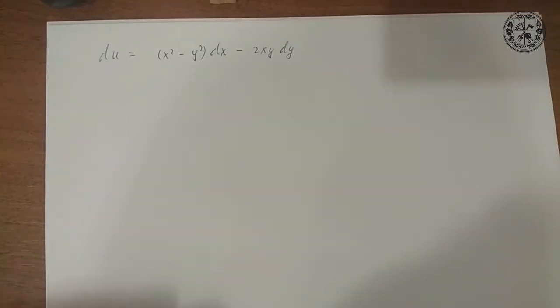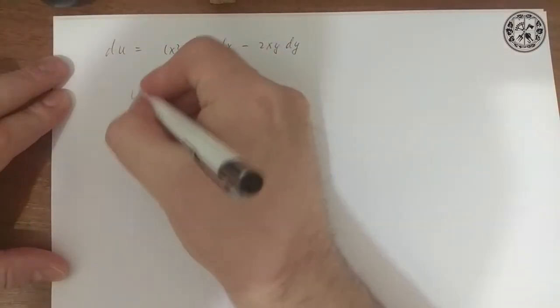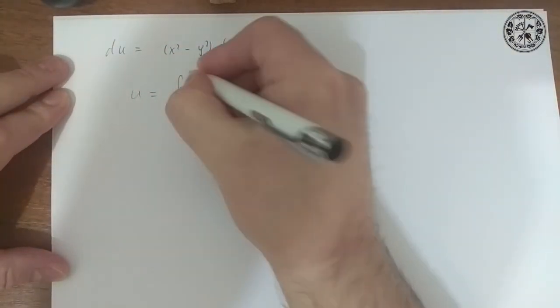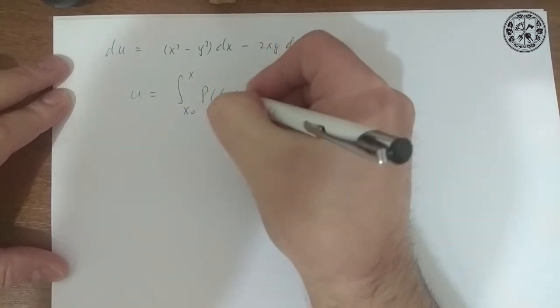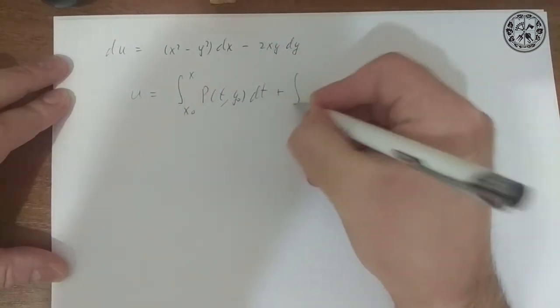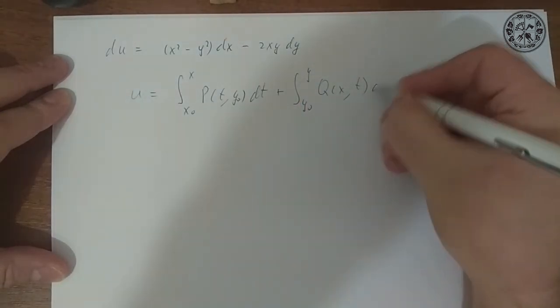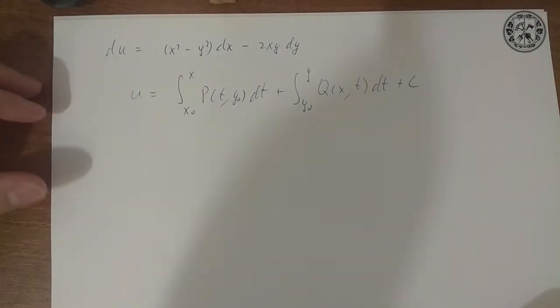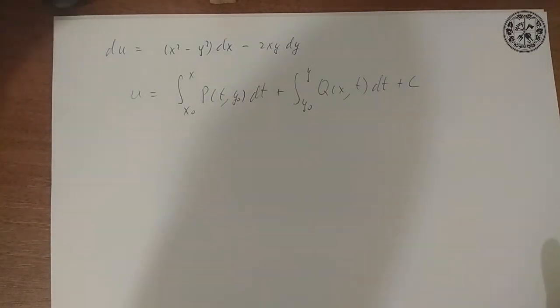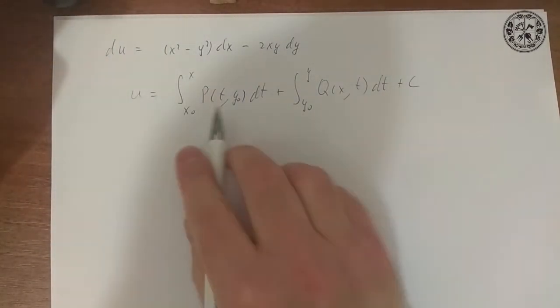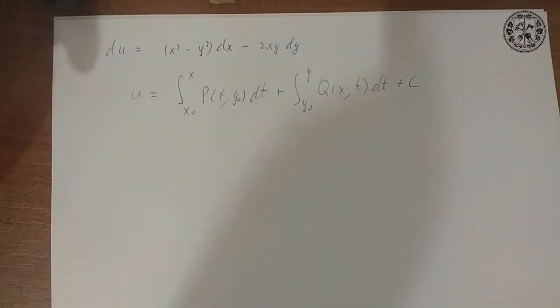We will do this using the formula u equals the integral from x0 to x of p of t, y0 dt plus the integral from y0 to y of q of x, t dt plus a constant. At point 0, 0 this function is continuous, p and q, so we can just integrate from 0 to x.